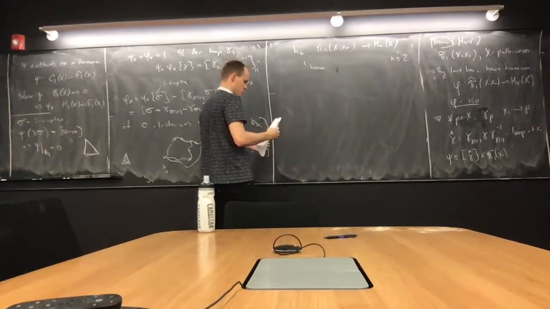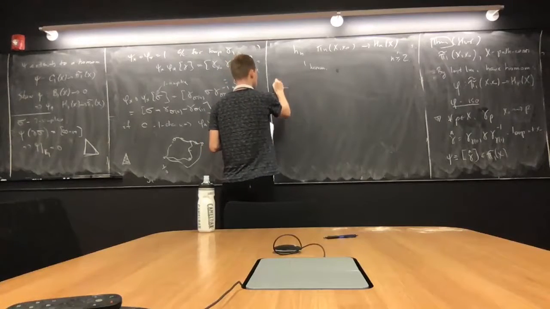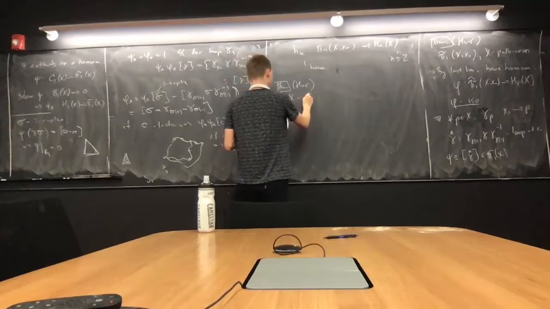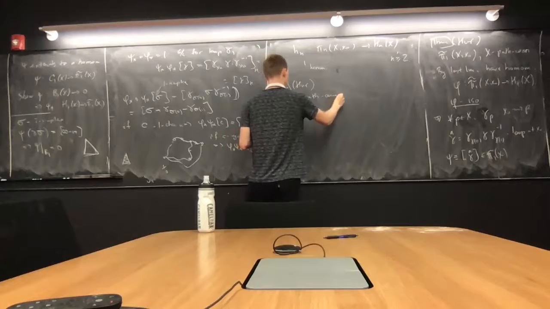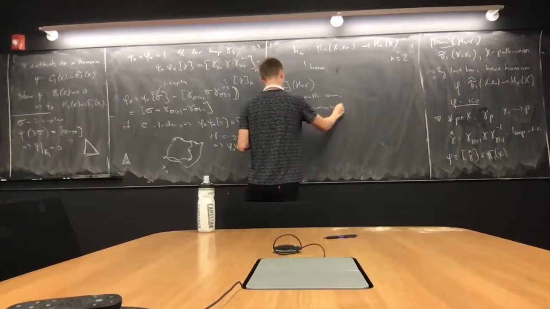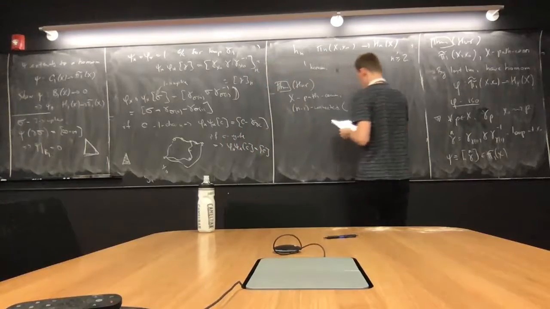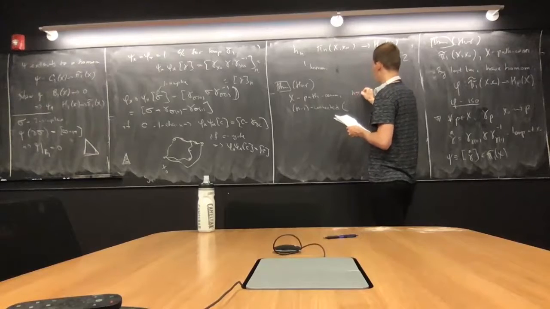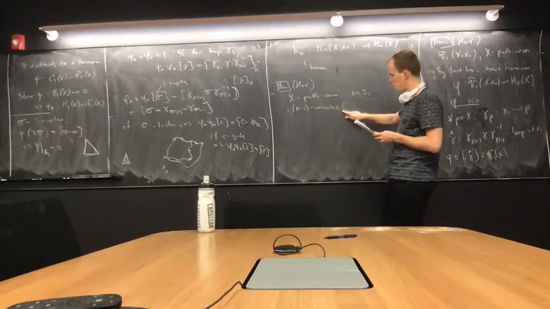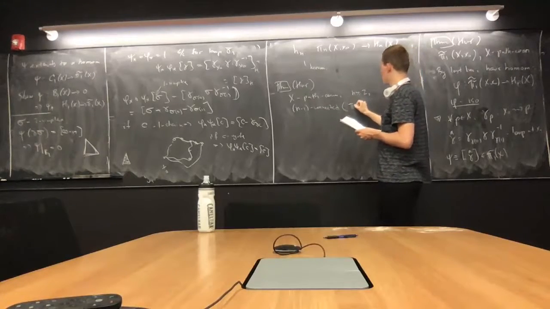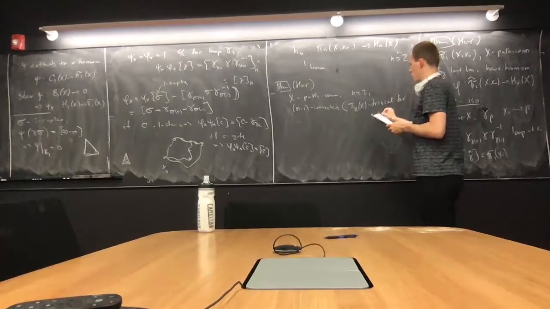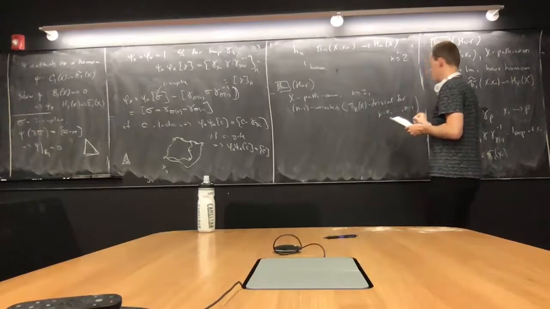And the Hurewicz theorem for higher groups is this. If X is path connected, but also n minus 1 connected, and n is at least 2, which means that all homotopy groups up to n minus 1 are trivial, so pi k of X trivial for k from 1 to n minus 1.